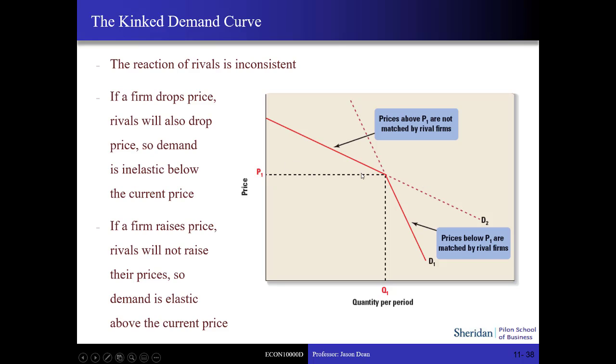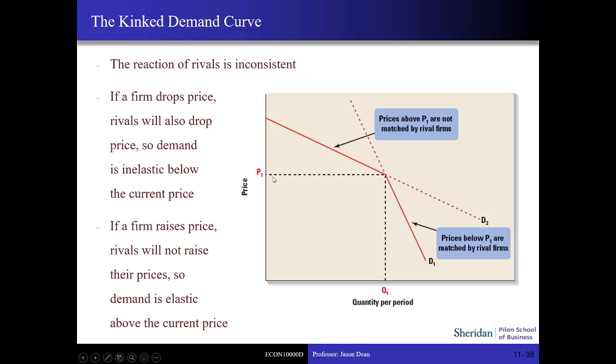And so if you increase your price, you're going to lose a lot of sales, because the other firms aren't going to also increase their price, unless you have some kind of a collusive agreement or something like that. But we're assuming that's not the case here. So then your demand curve will be elastic, right? And if it's elastic, that represents consumers sensitive to the price. And so in this case, we would expect that sales would fall by a lot.